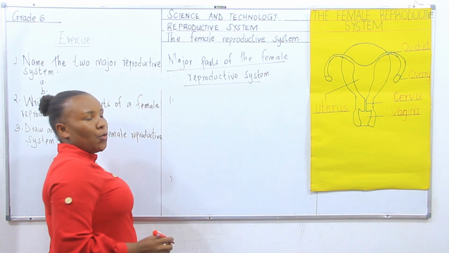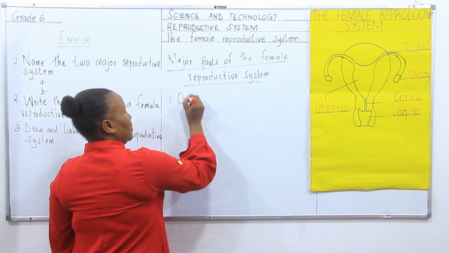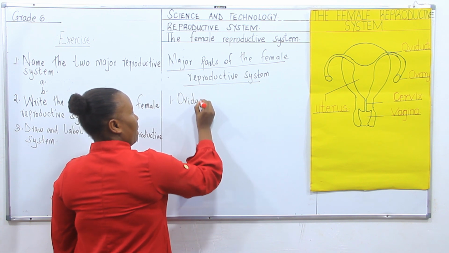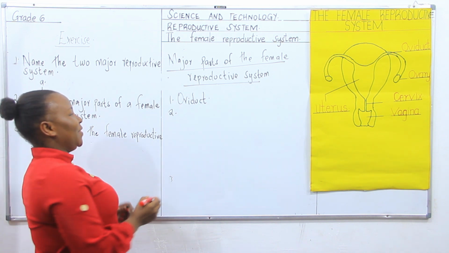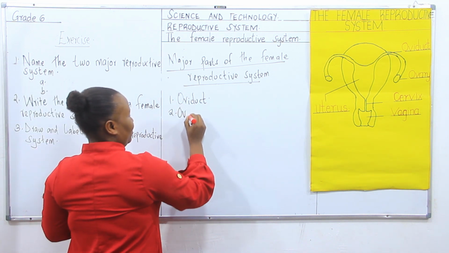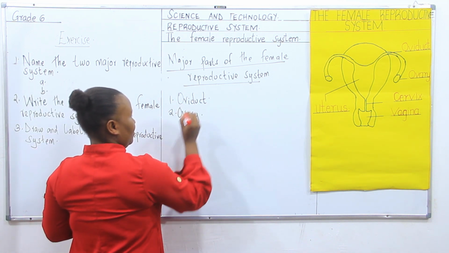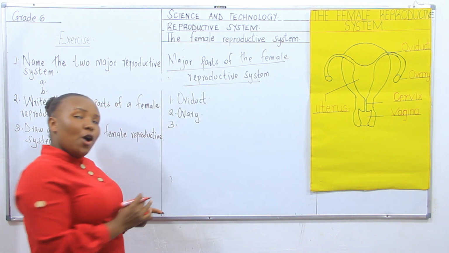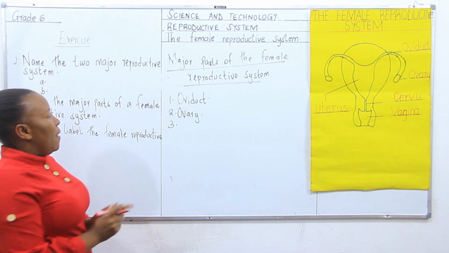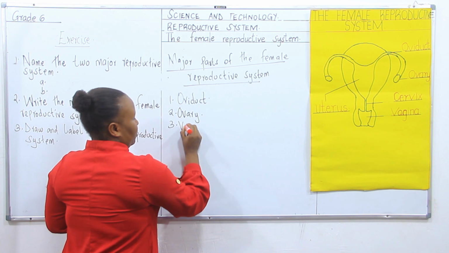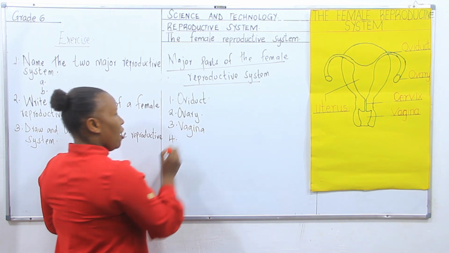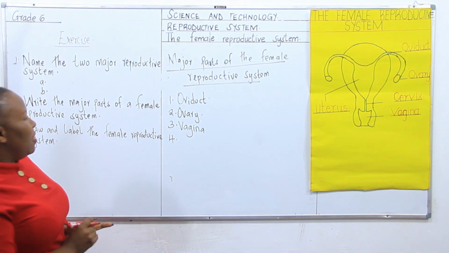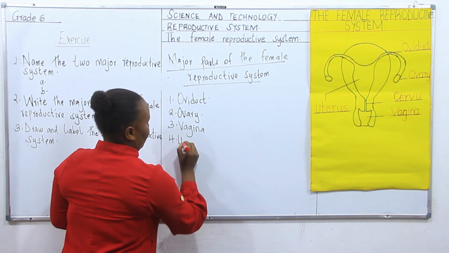One, we have oviduct. 2, we have ovary. 3, we have vagina. 4, we have the uterus.